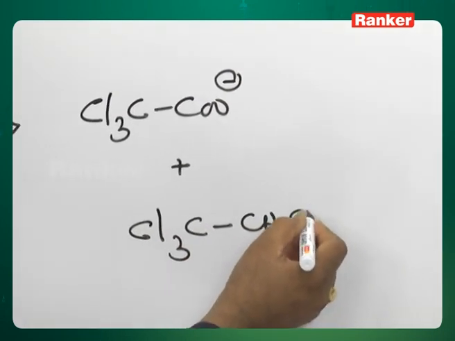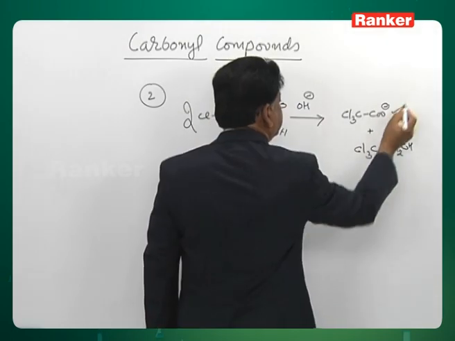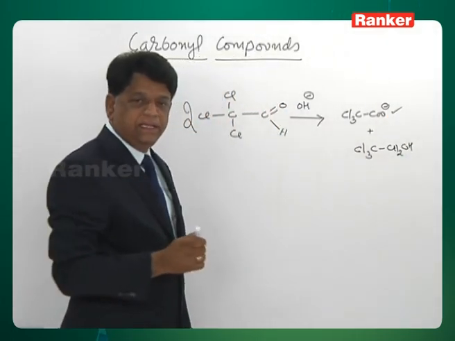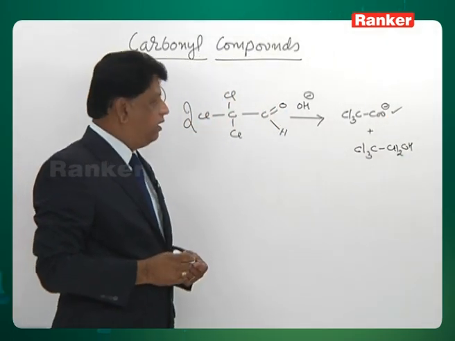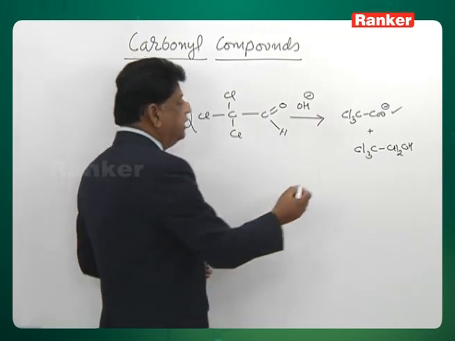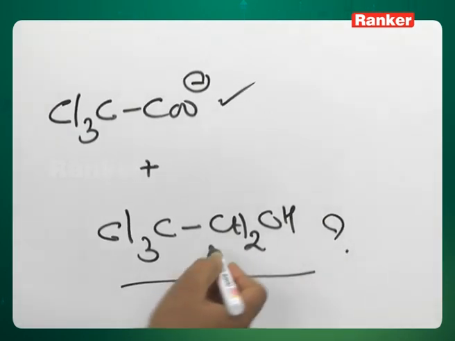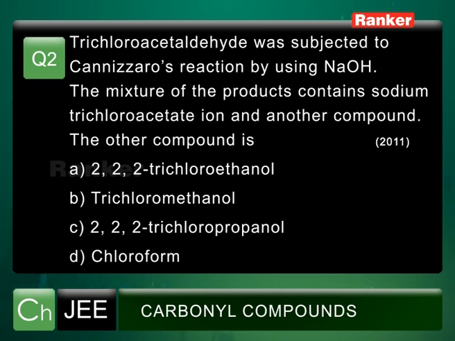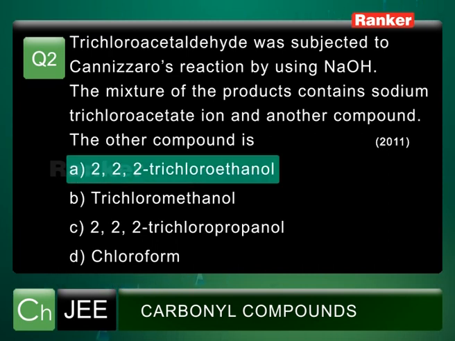One will be oxidized to the acid, the other one will be reduced to the alcohol. So what he mentioned already is the trichloroacetate. He is asking what the other compound is, that is trichloroethanol, the right answer. So the answer is 2,2,2-trichloroethanol, option A is the right answer.